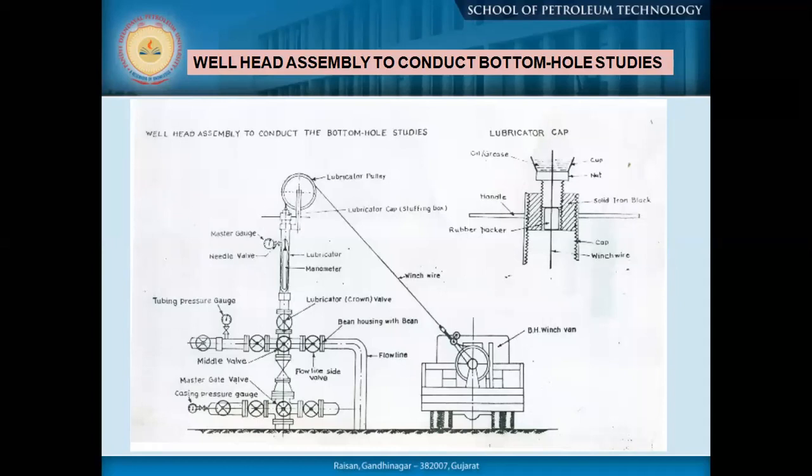Have you got this arrangement? This is similar to coil tubing, but it is different. I'll show you the whole picture so that you understand what is happening. In the right top corner is the lubricator assembly, where the cap part is given. I'll explain it afterwards. Have you got it?